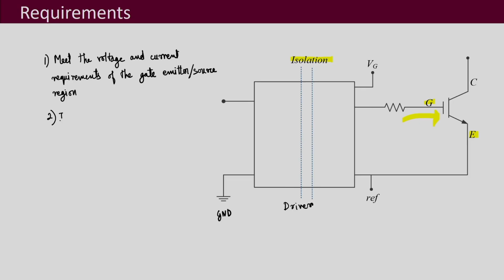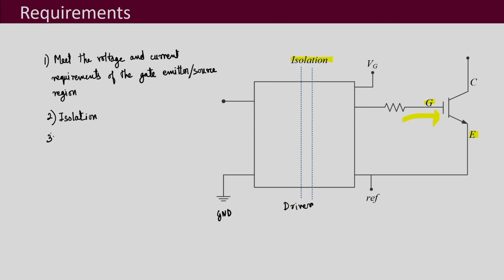Second, it should also be able to provide isolation. Now, this isolation may be a magnetic isolation or an optical isolation. Sometimes isolation is not given, but usually we will take it that some kind of isolation is good to have.